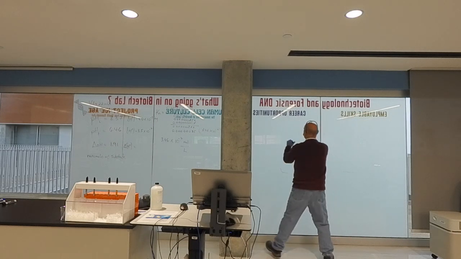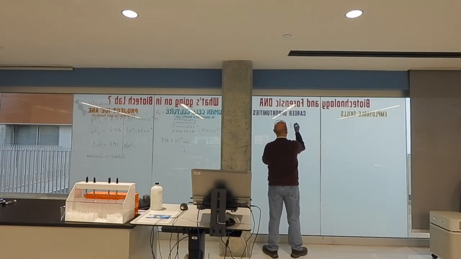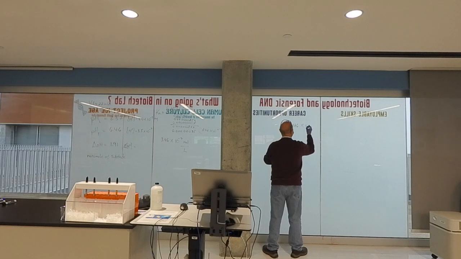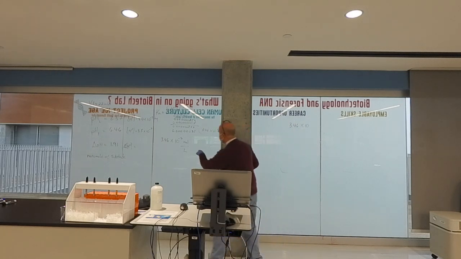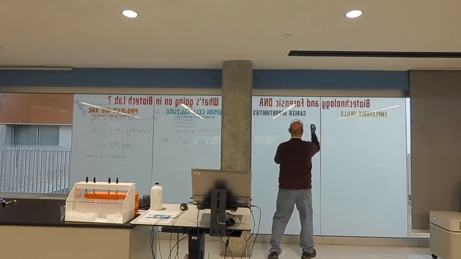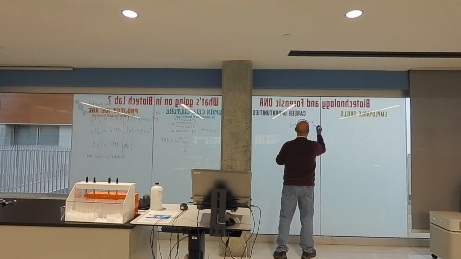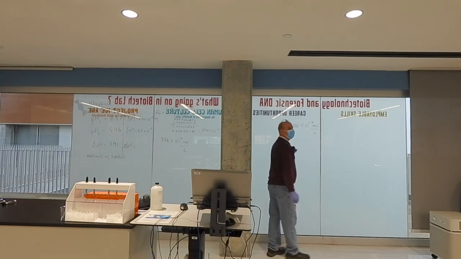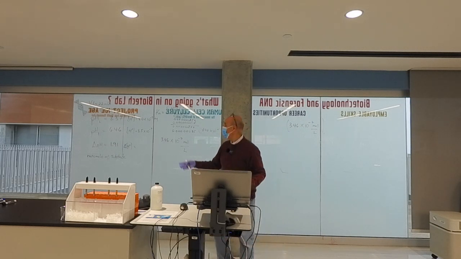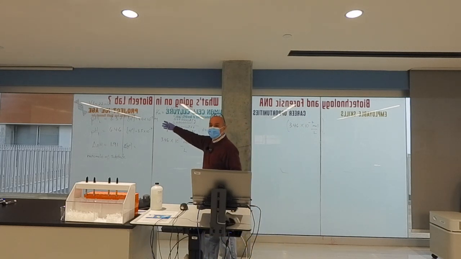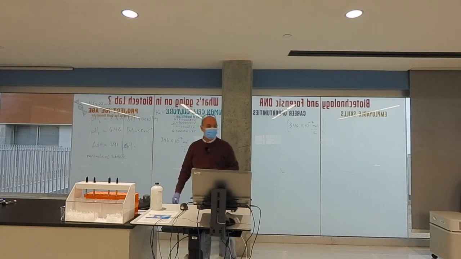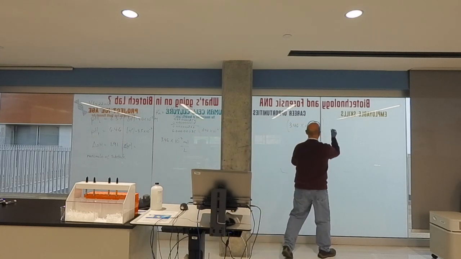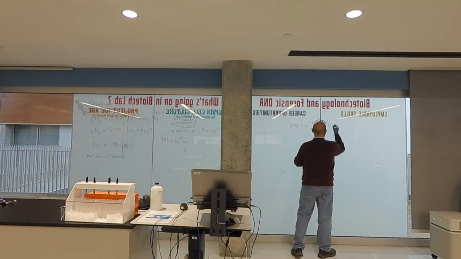So I have the amount of hydrogen produced, 3.46 times 10 to the negative 7 mole per liter. How many moles is that? Well, I don't have a liter. I have 22 milliliters, which is equal to 0.022 liters. So let's find out the number of moles that I have.